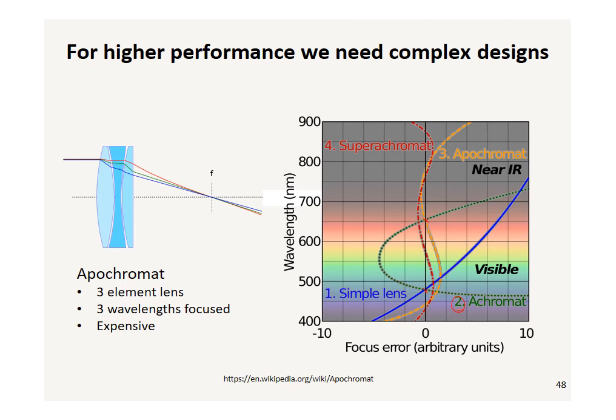So you need to go to higher performance lenses, which means 3 or more elements to correctly focus 3 or more wavelengths. But they are expensive, but you may need to use them if you are dealing with imaging at a wide range of wavelengths.